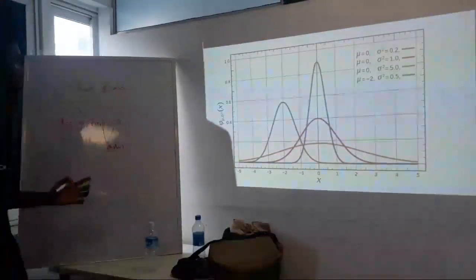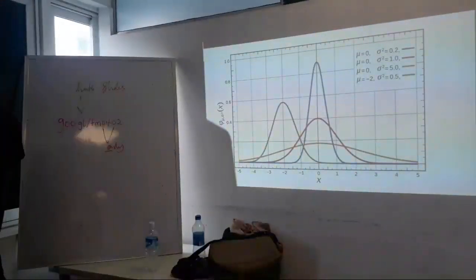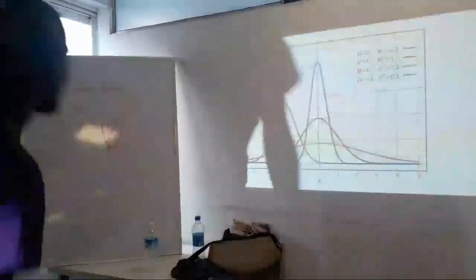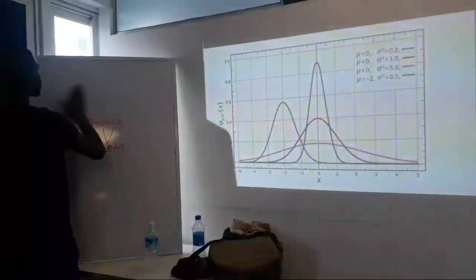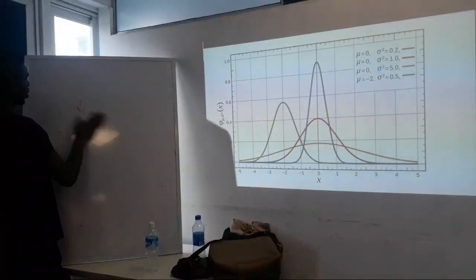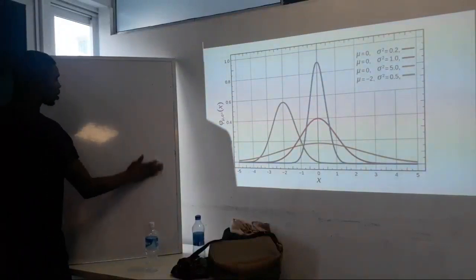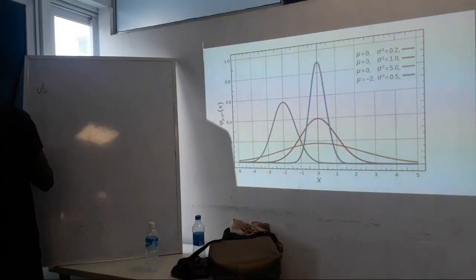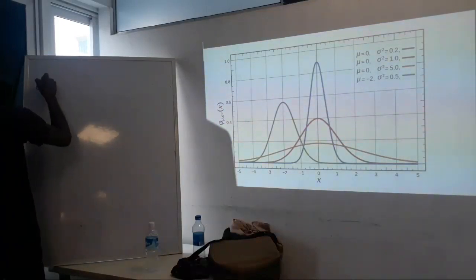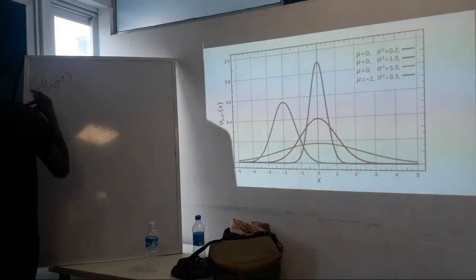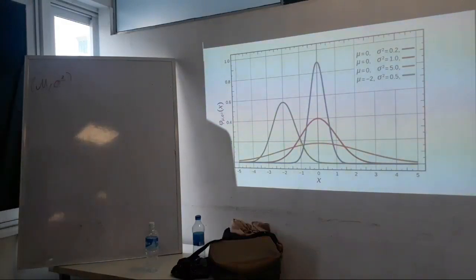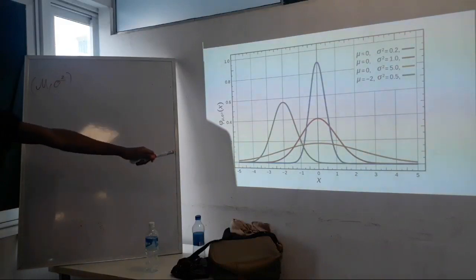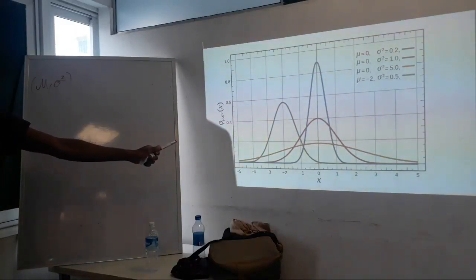So, as you can see, with the mean and variance, you can use it to get this normal distribution curve, right?